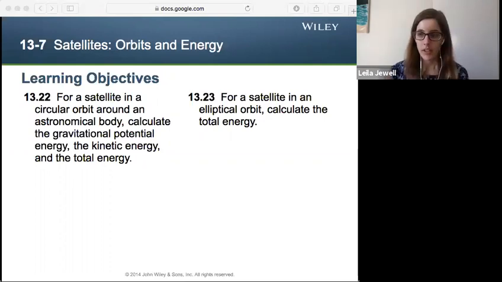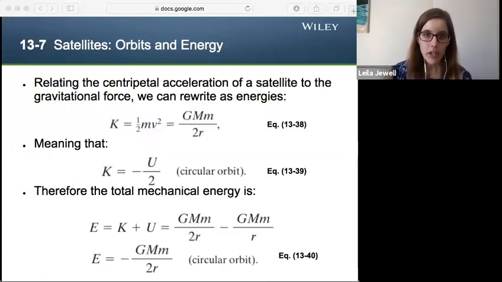So we want to be able to understand a little bit more about their orbits and be able to describe their energy. If we want to describe their orbits, we can describe the kinetic energy if we just think through the gravitational force and how it relates to our centripetal force or centripetal acceleration with F equals ma. So it all goes back to F equals ma, right?